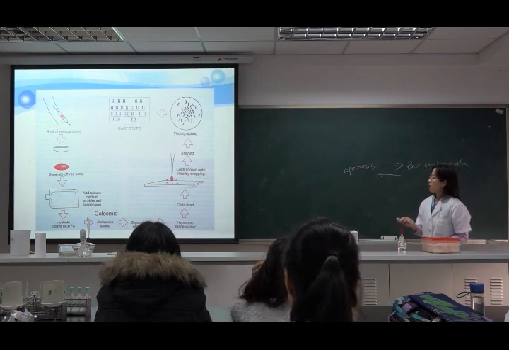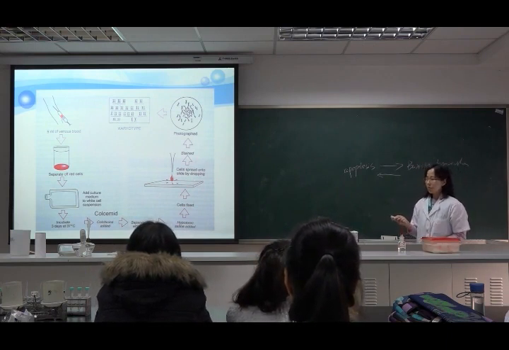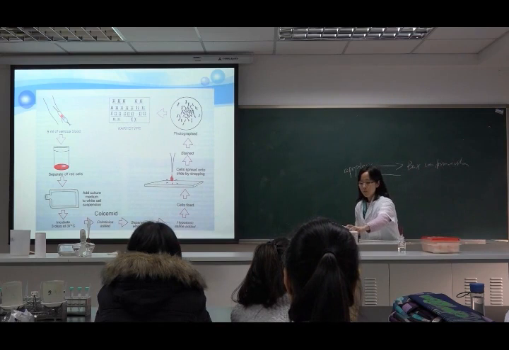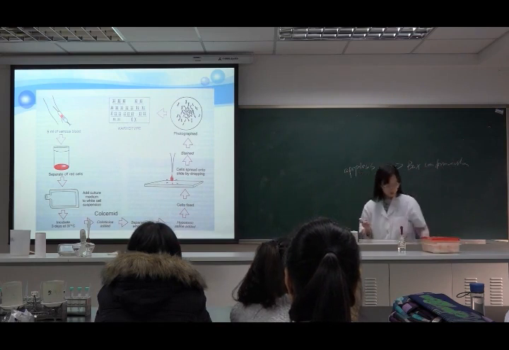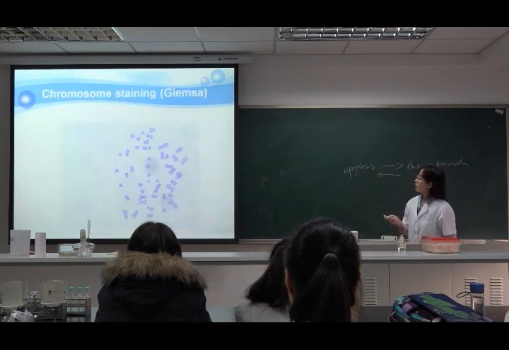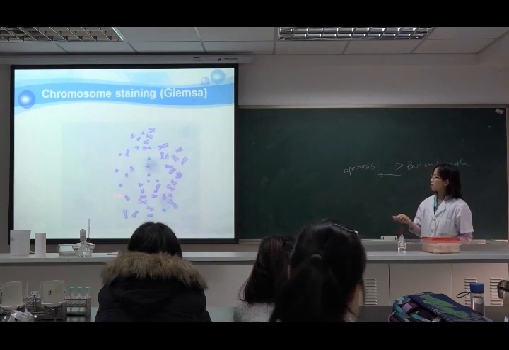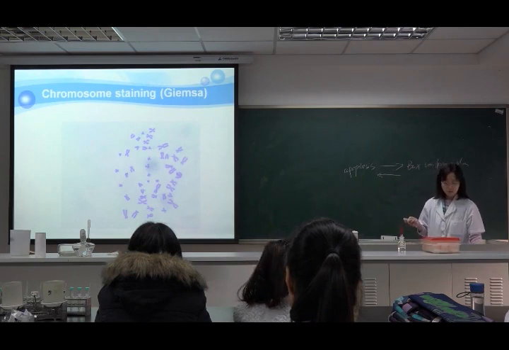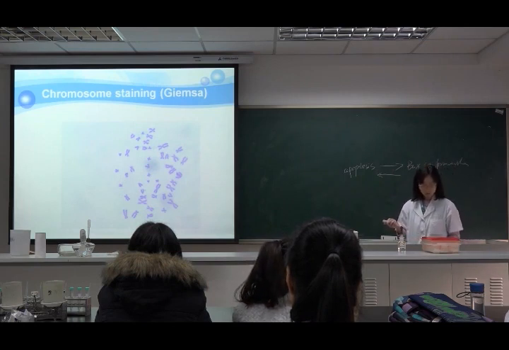And if we stain with Giemsa, just use your slide with Giemsa, maybe we will get some result like this. Can you see? Then you can observe the chromosome spread if we stain our slides with Giemsa. However, we stopped here.